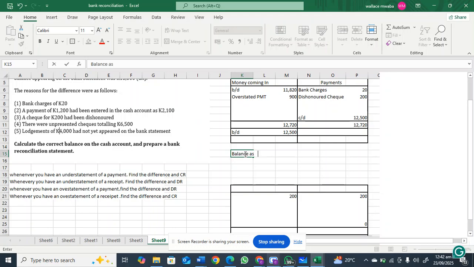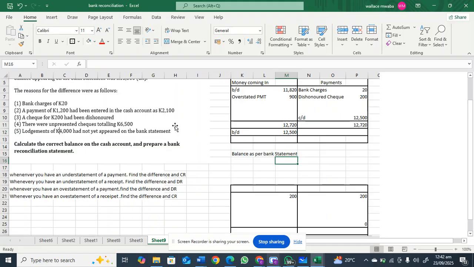Once you start with the balance as per bank statement, you have to end with the balance as per adjusted cash account. So here, we need to end up with the 12,500 at the end.